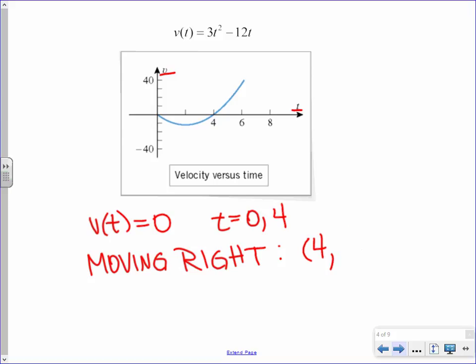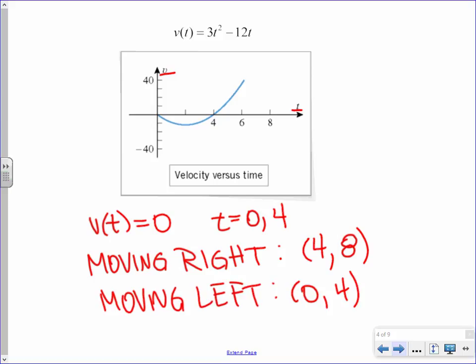Our other one went to 8, didn't it? I'm going to write 4 to 8. We are moving to the right from 4 to 8 because our velocity is positive. We are moving to the left from 0 to 4 because our velocity is negative.